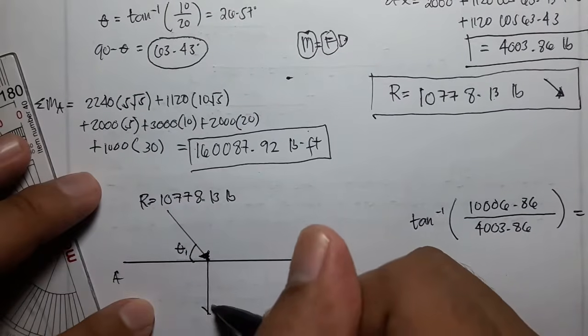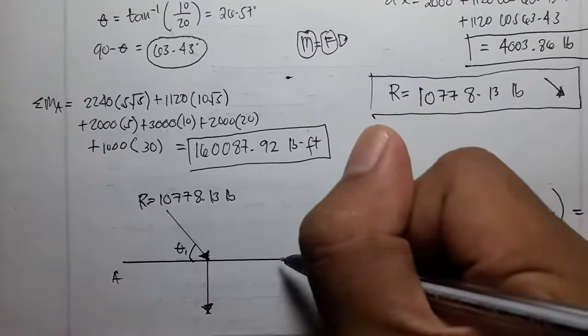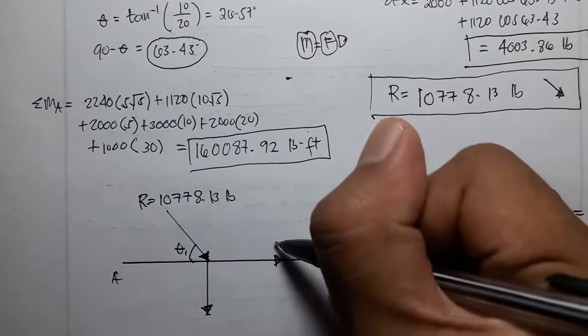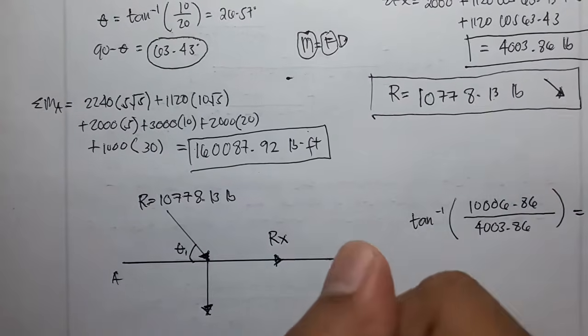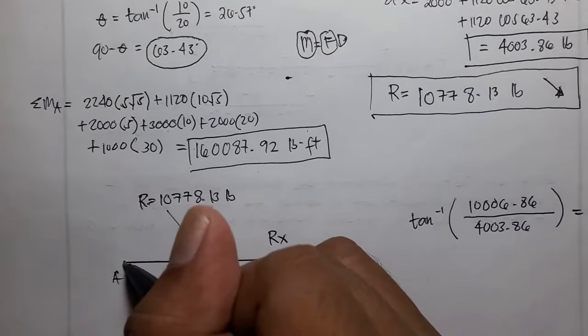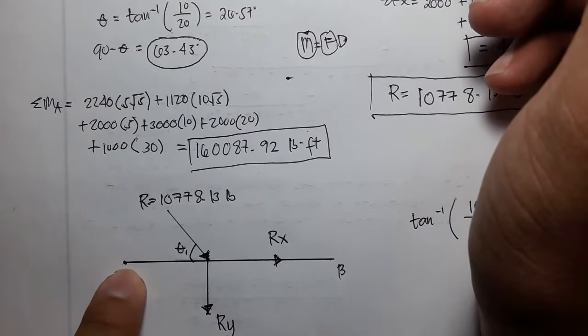By the way, we will just use the x or the y component of the resultant, because if this is the Rx and this is the Ry, basically the Rx will become 0, because the moment is here, right?